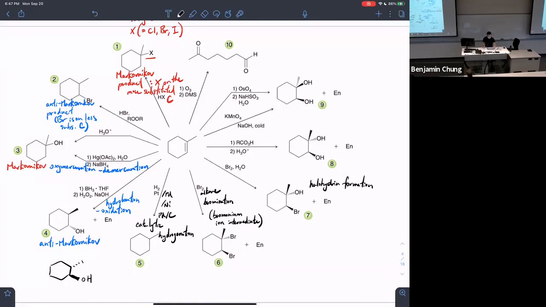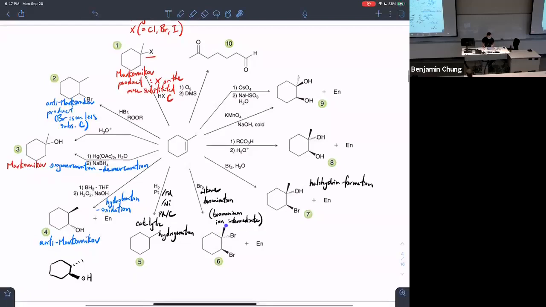And it basically goes through the same bromonium ion intermediate as alkene bromination, but instead of the second bromide attacking the bromonium ion, you have water ring opening the bromonium ion instead. So that ends up giving you the alcohol here on the more substituted carbon and the bromine on the less substituted carbon.